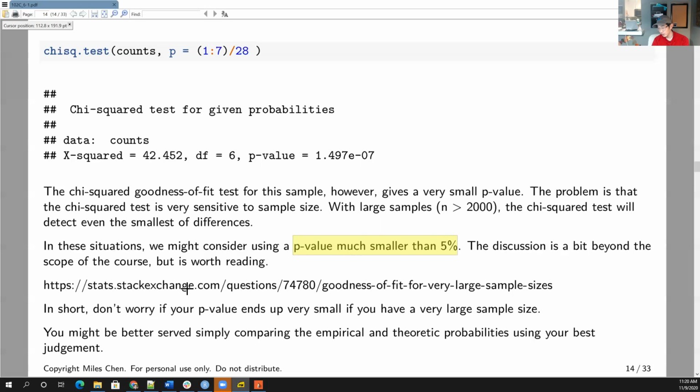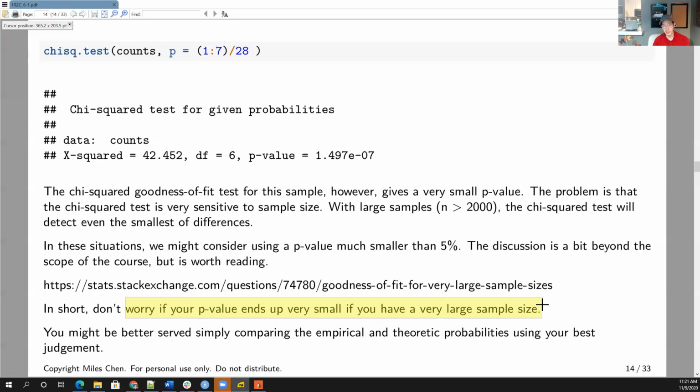There's a good post on Stack Exchange that discusses this for a goodness of fit test when you have very large samples, and basically the summary is, if you have a very large sample size and your p-value ends up being very tiny, don't worry too much about it.